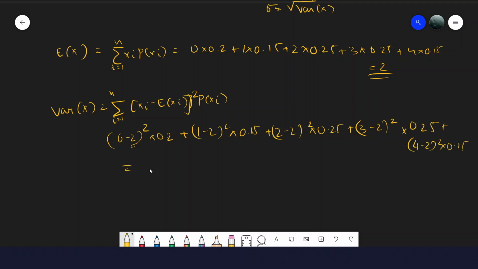And I get the value of variance as 1.8. So the standard deviation is nothing but the square root of 1.8, which is 1.34.